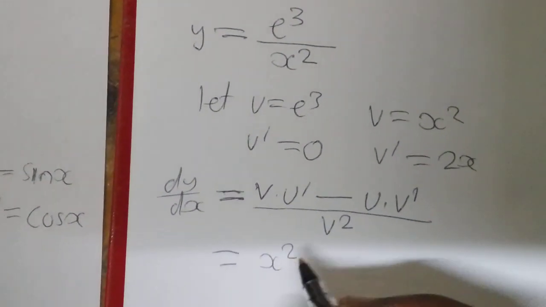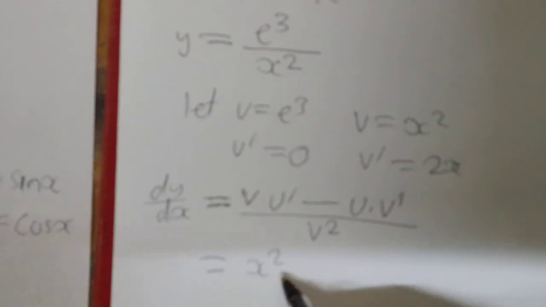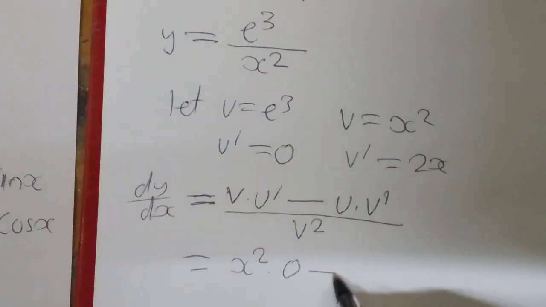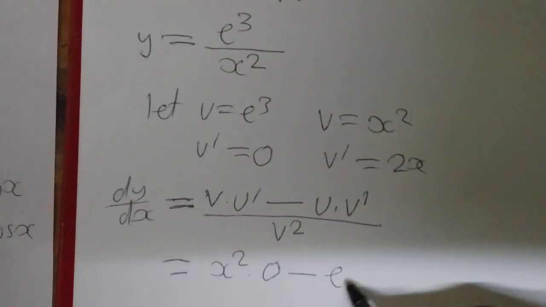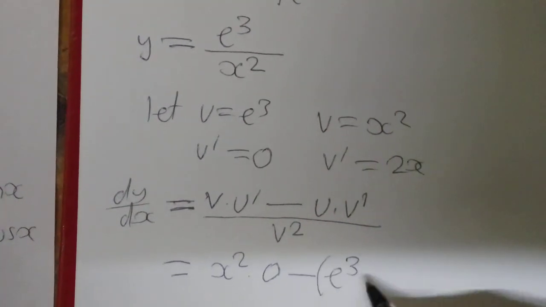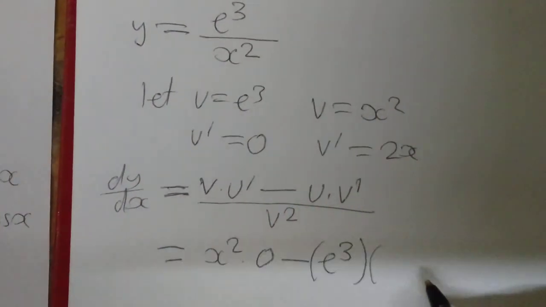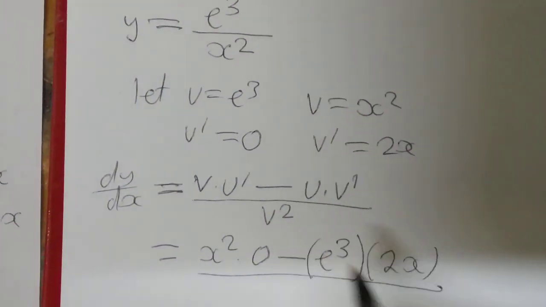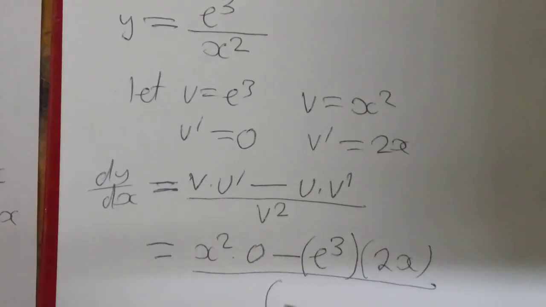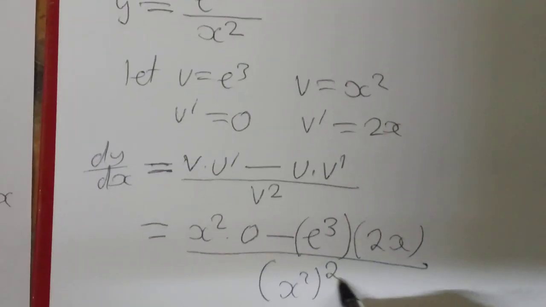Our v is x squared. Then what's our u prime? Our u prime is 0 minus u, we have e to the power 3. Then v prime we have 2x over, what's our v squared? So on the denominator here we have x squared squared.